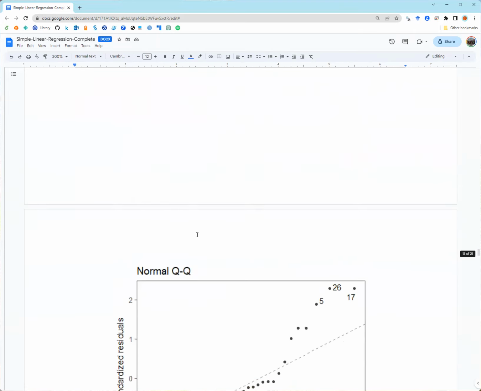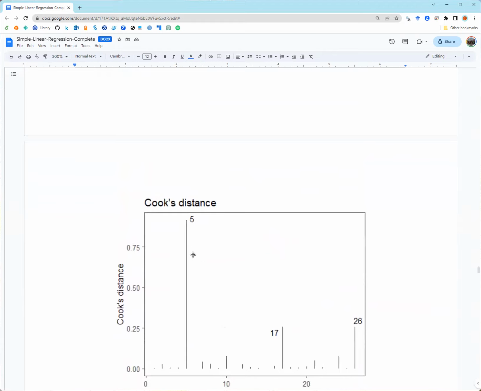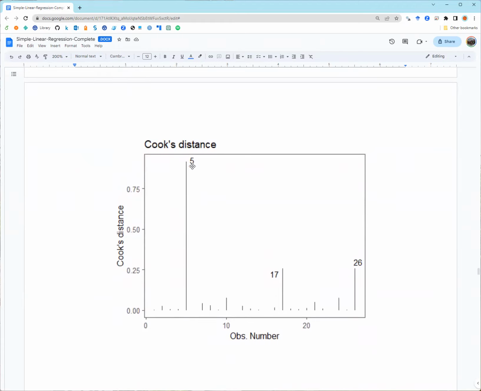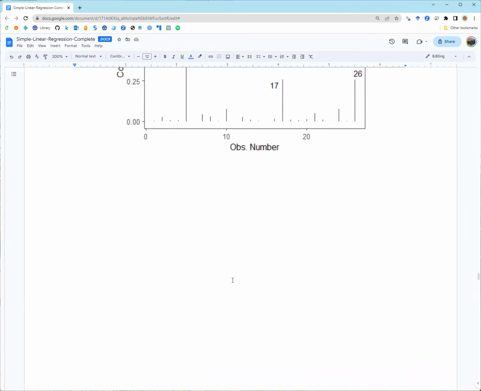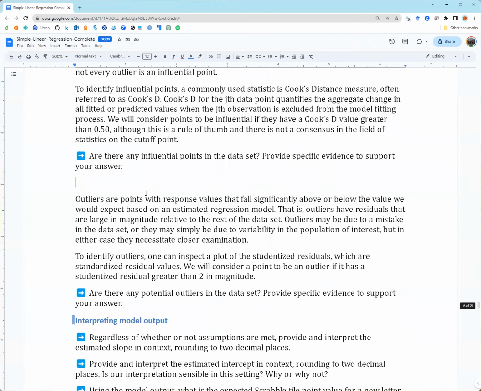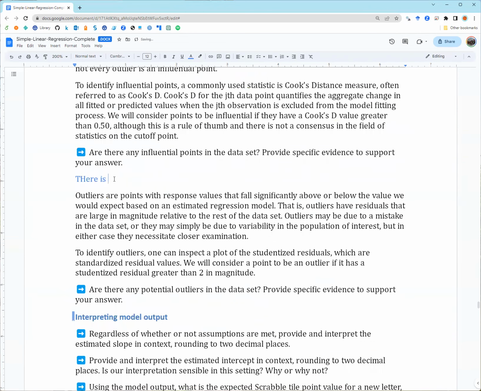We look at the Cook's distance plot, and the only one that's above 0.5 is the 5th observation here. So there's one influential point, one straight up and down line that towers above 0.5. So there is one observation that is influential, which has a Cook's D value above 0.50.